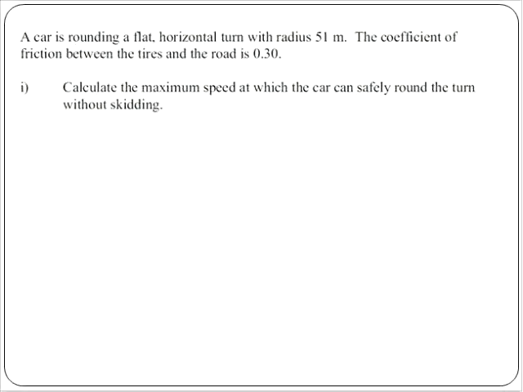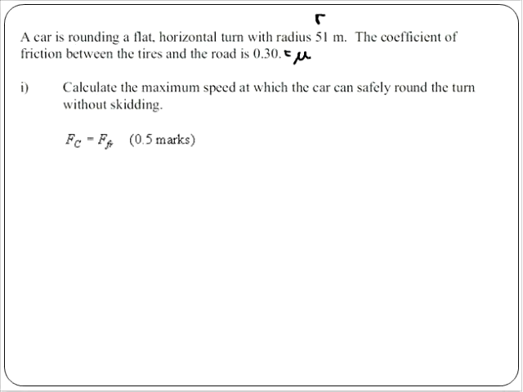You don't know. So a car is going around a flat horizontal turn with that radius. So there's the radius. There's the coefficient of friction. So that's mu. And we want to know the maximum speed that car can go without skidding? Well, the first thing we say is this: Fc equals Ff.